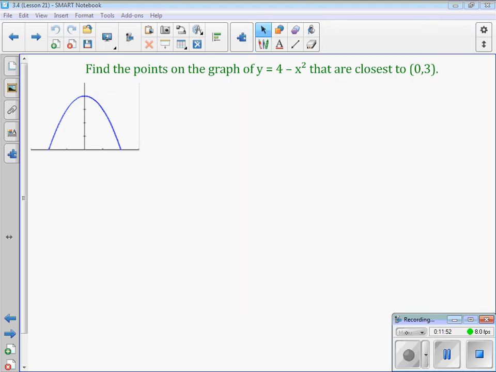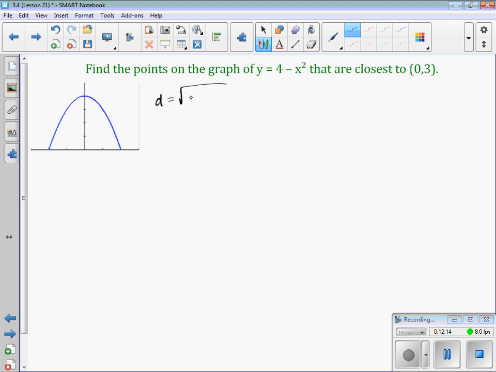We're going to see if it'll keep going here. So I've got my distance formula, and I plug in 4 minus x squared for y. So my distance formula I'm trying to minimize would be the square root of, and the x minus 0 is just going to be x squared, and then I've got 4 minus x squared minus 3, squared.